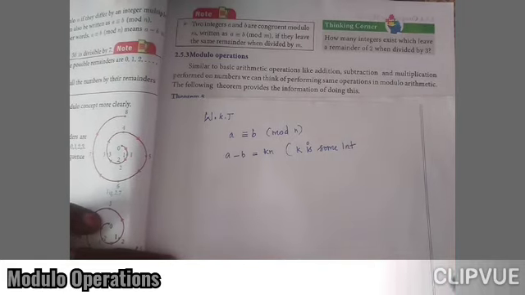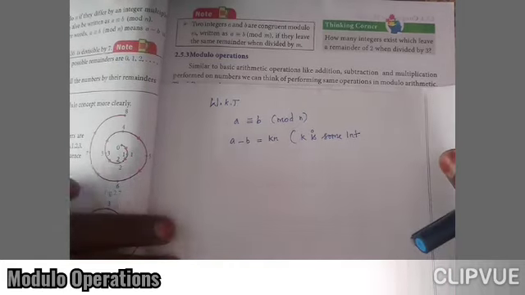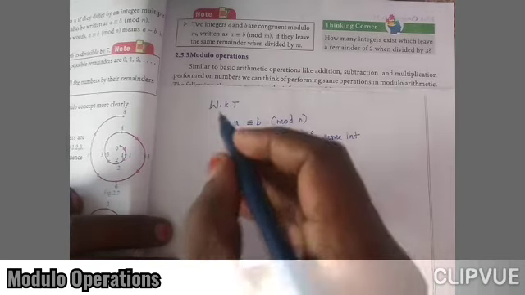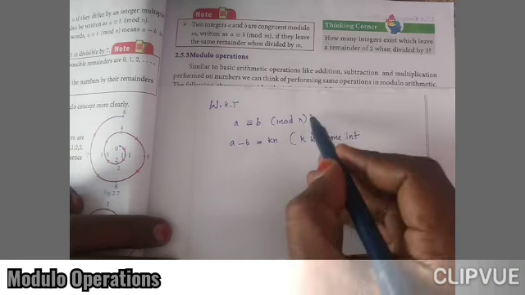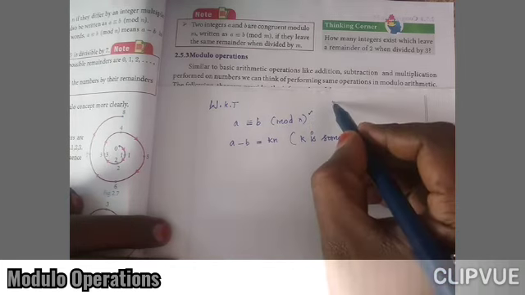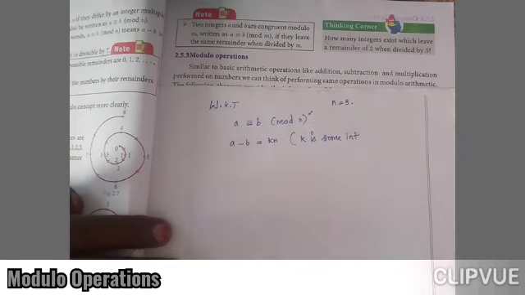Okay, we are using the concept of modular arithmetic to find the integers. So a congruent to b mod n, you know this concept. This is the divisor, so n equals 3.